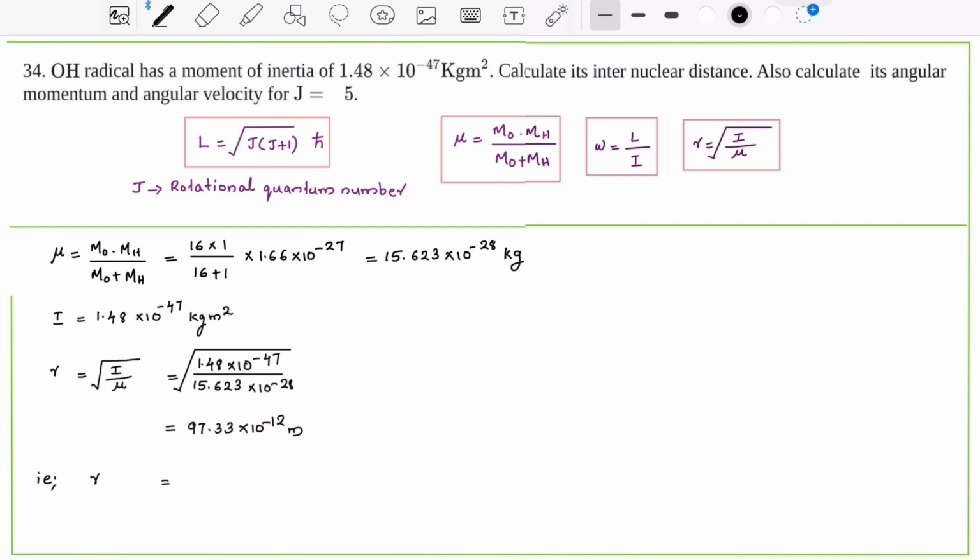That is R is equal to 0.973 angstrom. That is the bond length is 0.973 angstrom.